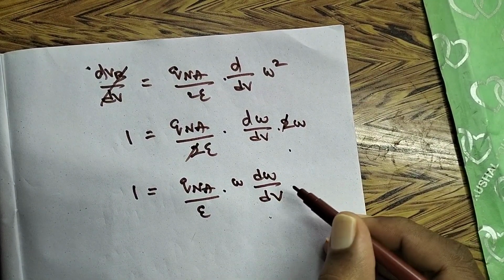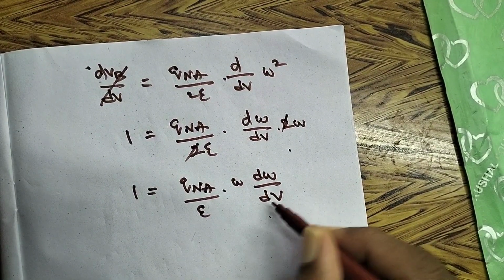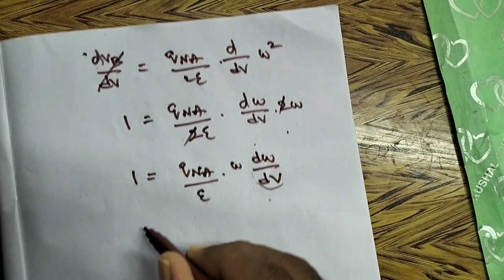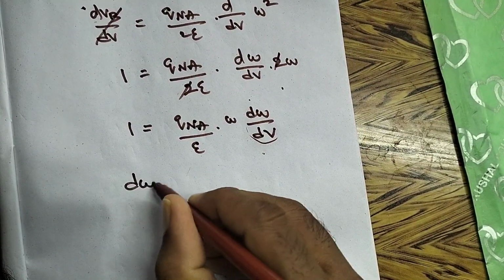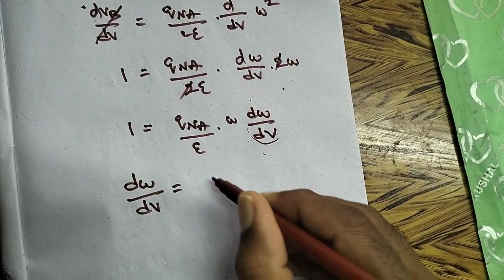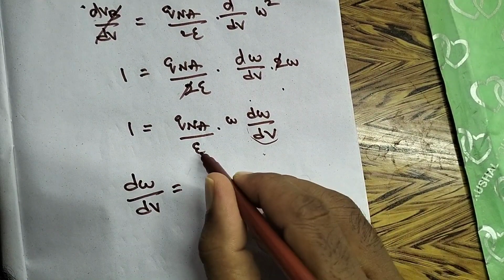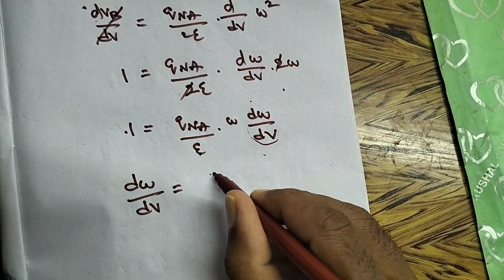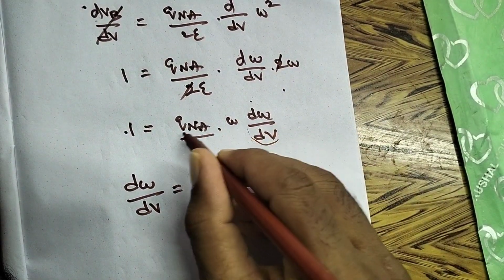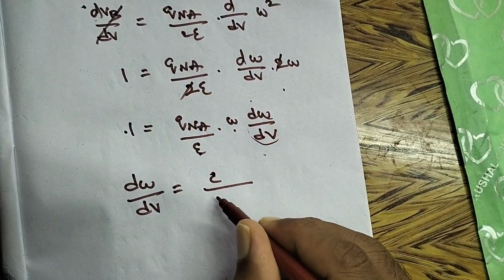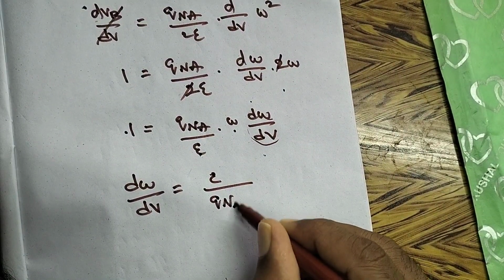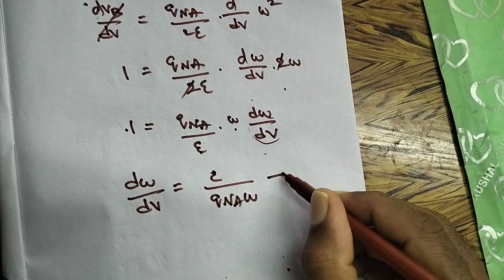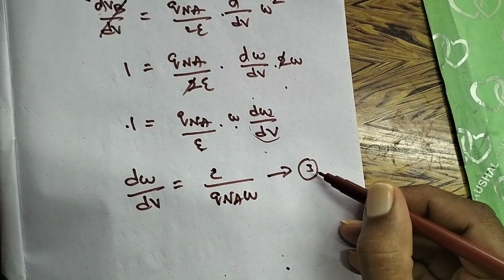In further simplification, dw by dv equal to epsilon by q NA w, moving epsilon to the numerator on the left-hand side. This is considered equation 3.